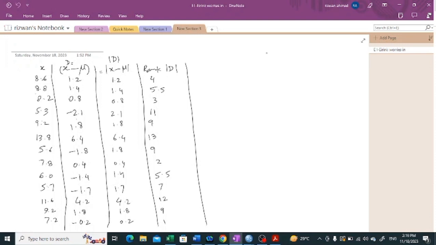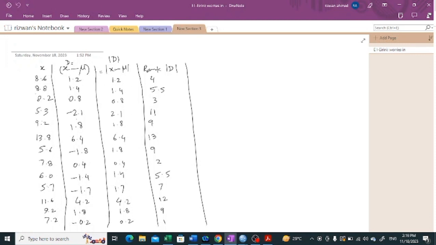To avoid any problem at the time of ranking, we need to in fact remove the negative signs from here. So for this, we will take absolute values. And after taking absolute values, these would be the numbers. Okay, these are the data values.